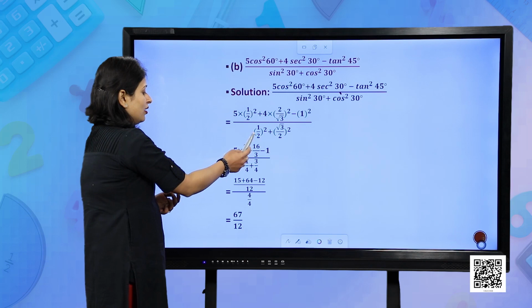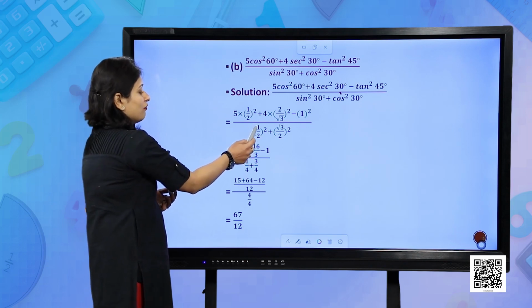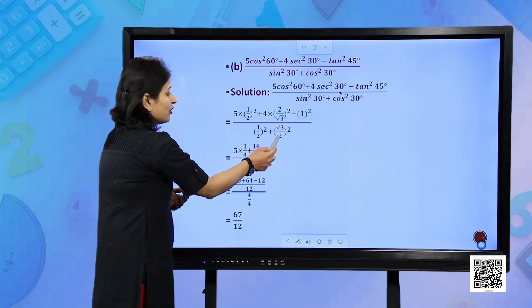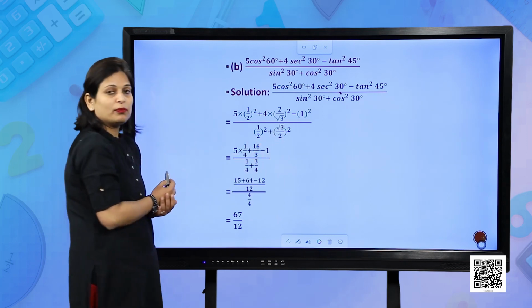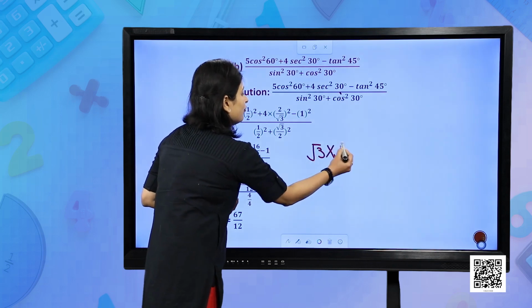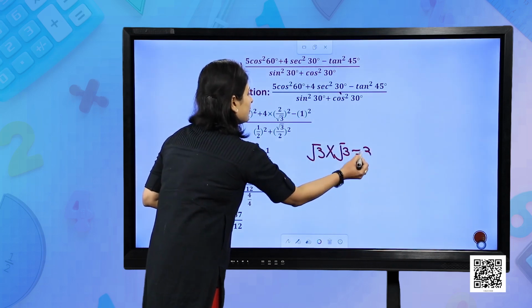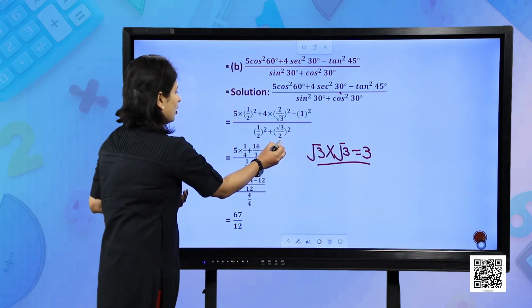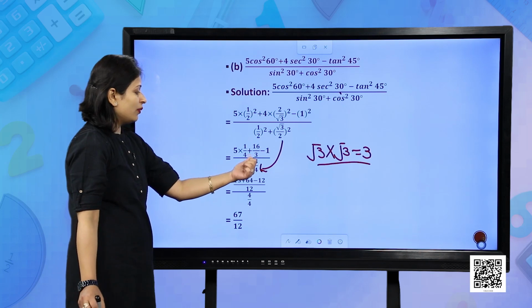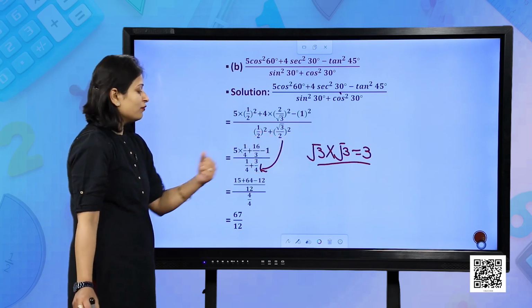In the denominator, what will you get? 1 by 2 whole square is 1 by 4. Root 3 by 2 whole square is 3 by 4 because root 3 into root 3 will give you 3, and 2 into 2 you will get 4.